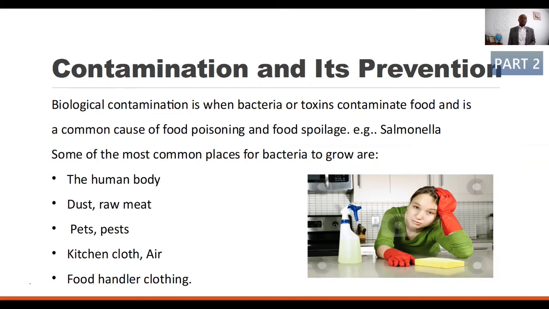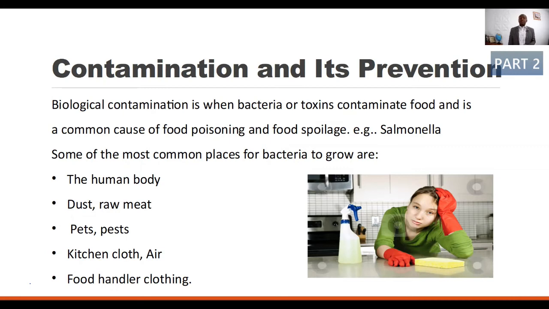Some of the most common places for bacteria to grow are the human body, dust, raw meat, pests, kitchen cloth, air, food, and food handler clothing. The human body temperature is 37 degrees because your body is warm, and remember, that gives a chance for the multiplication of bacteria.